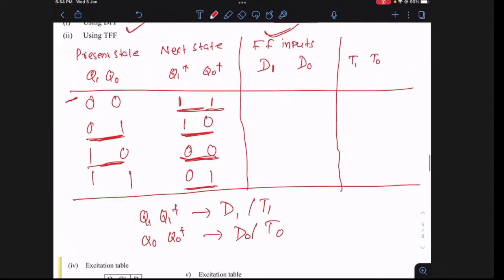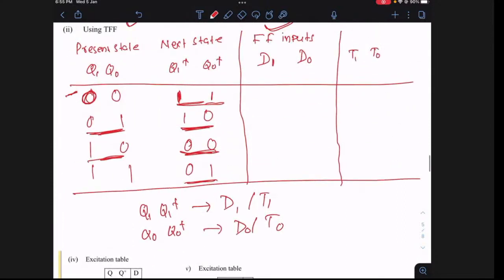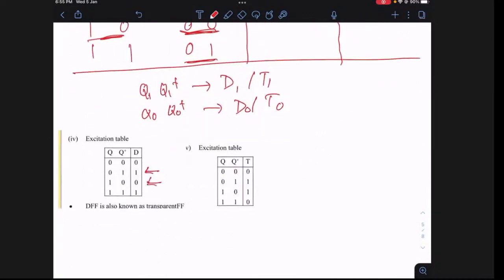So Q1 and Q1 plus: you can see 0 and 1. In the case of D, if the input is 0, 1, it is 1. So here I'm writing 1. Similarly, observing Q0 plus, this is also 0, 1, so here also you get 1. Next, again 0, 1 means it is 1. But next is 1, 0. In the D flip-flop, 1, 0, present state to next state, this is 0.